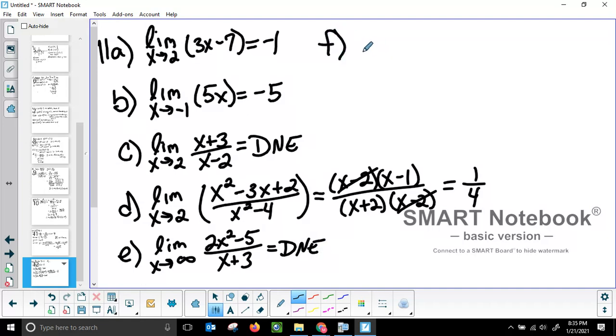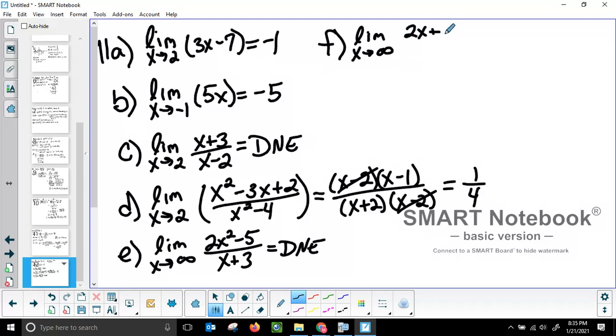All right, F, another limit as x approaches infinity, this time of 2, actually E was 2x squared minus 5 over x plus 3. F is actually 2x minus 5 over x plus 3, so I'll just switch them around.